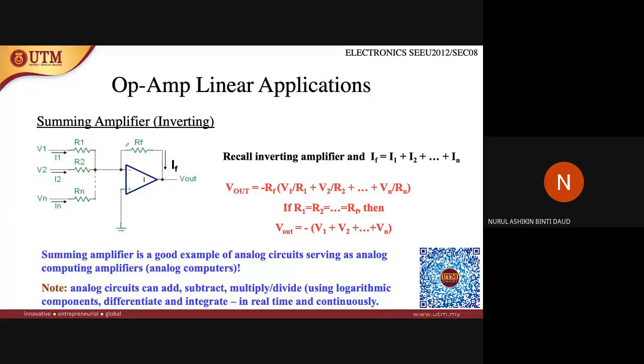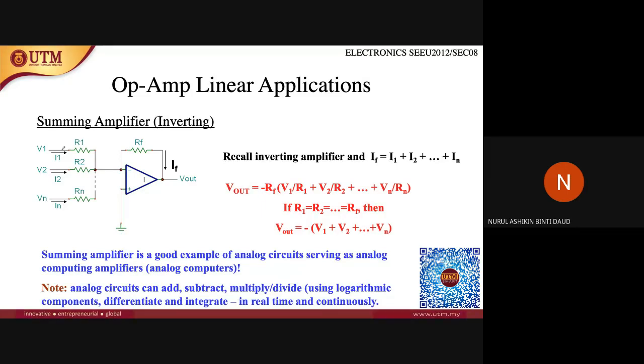Summing amplifier is quite complicated because you can see that the input signal is not only one, but three or more. It has more than one input signal. Usually that is called a summing amplifier. The summing amplifier can be divided into two types, inverting or non-inverting.